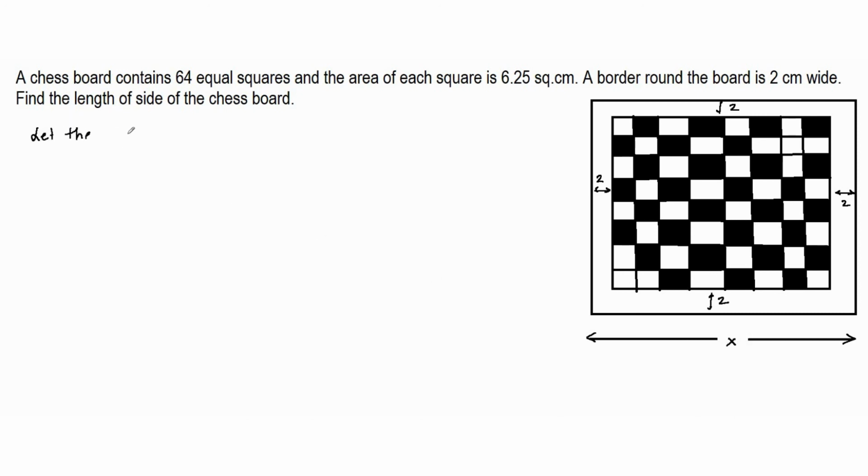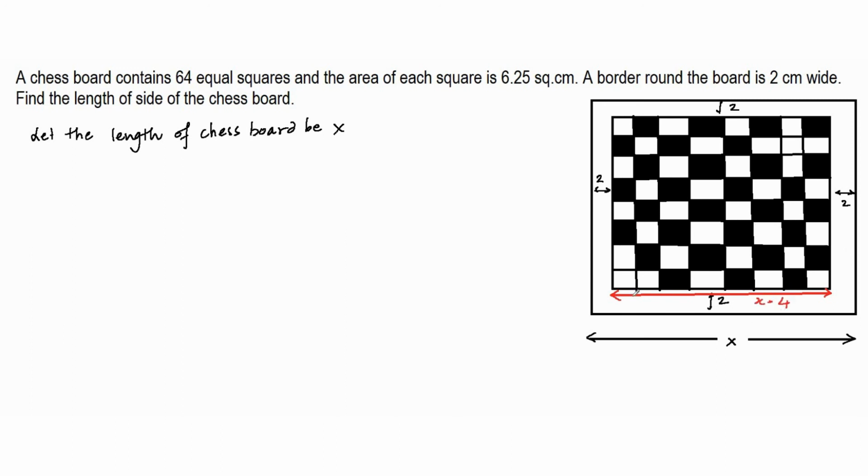Let the length of the side of the chessboard be x. So you will notice that the inner length that I have over here is going to be x minus 4, because the whole length is x and I have subtracted 2 and 2 from both sides.